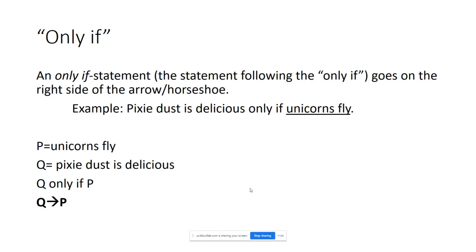So here's an example. Pixie dust is delicious only if unicorns fly. Now in this case, the only if statement is unicorns fly.